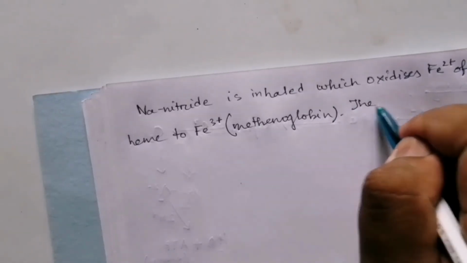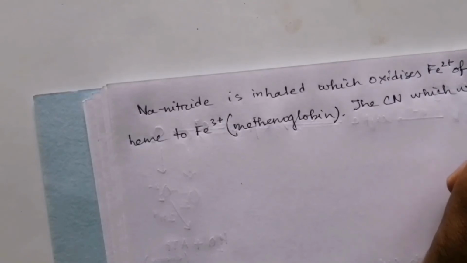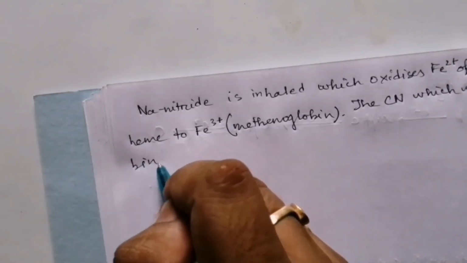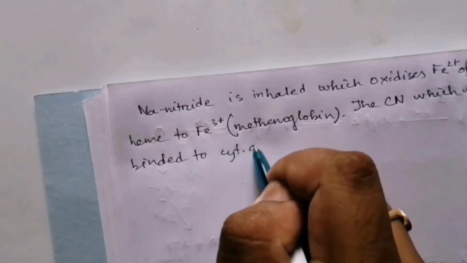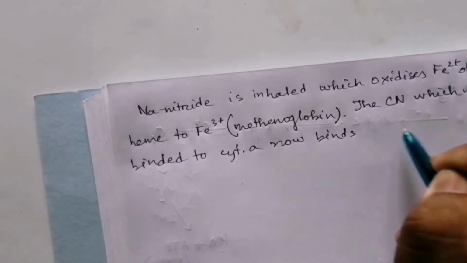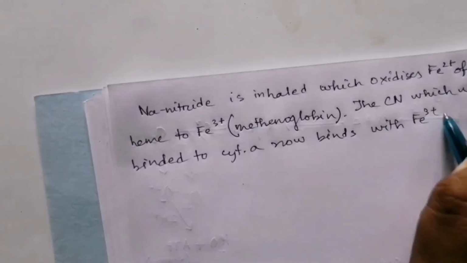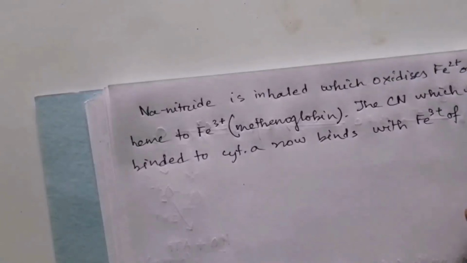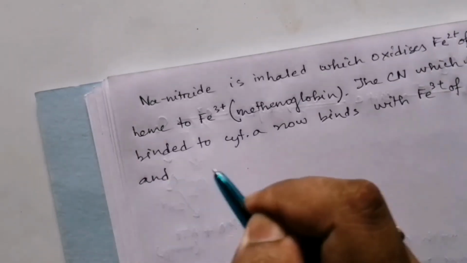The cyanide which was bound to cytochrome A now binds with Fe3 plus of methemoglobin and gets excreted through urine.